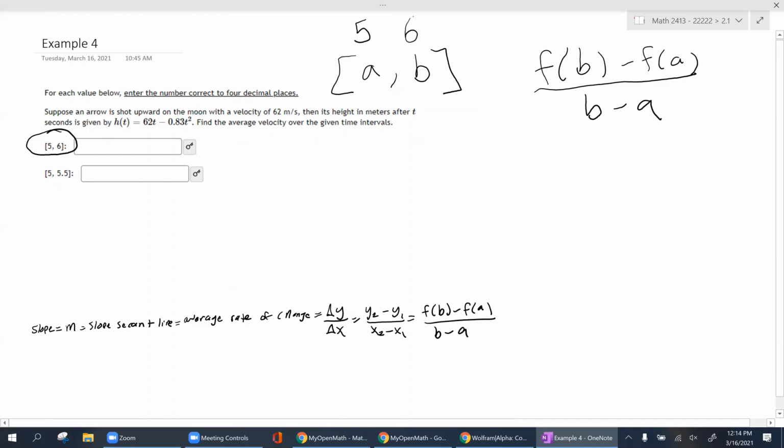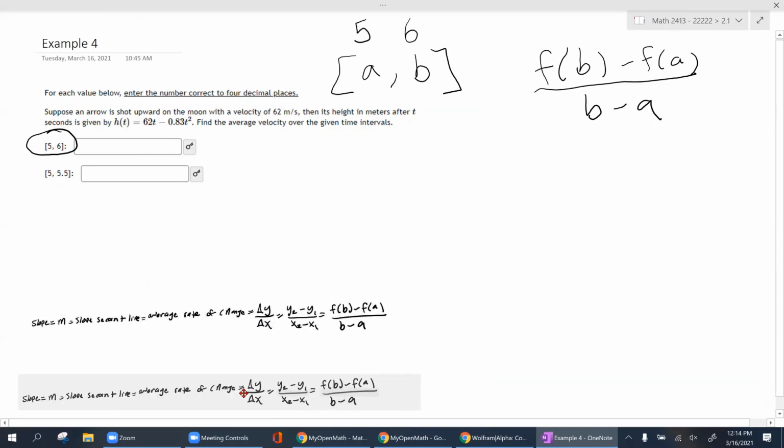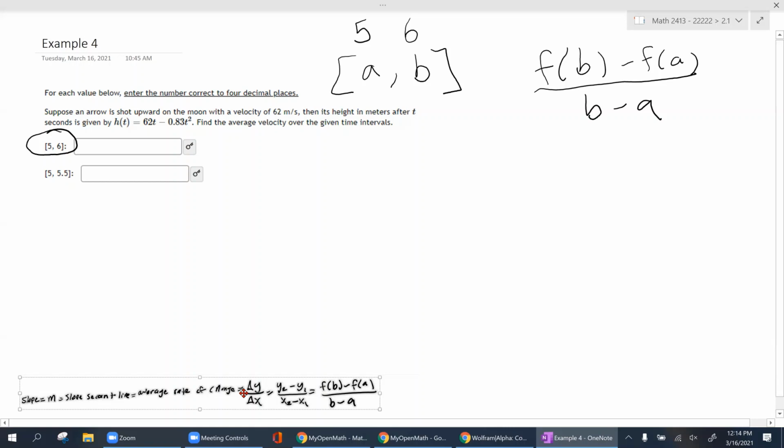One thing that you may want to do first is find f of B and f of A first. That's generally what I like to do first. So let's go ahead and find f of A. All this means is that I'm going to plug in A, which is 5, into my given function.